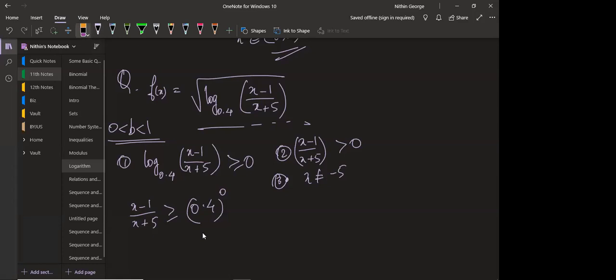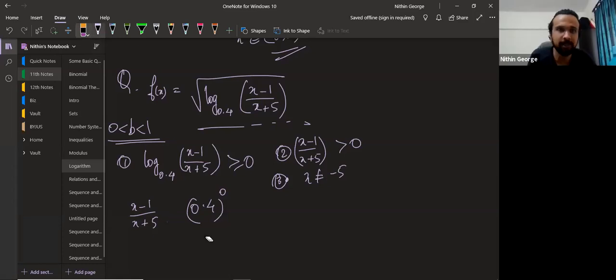Sir, shouldn't the sign flip? Exactly, correct. You have to change the sign. So x minus 1 by x plus 5 will be less than or equal to 1.